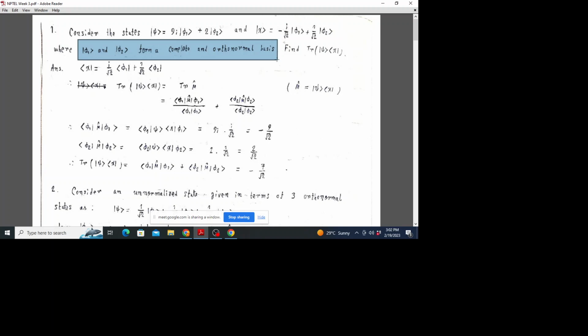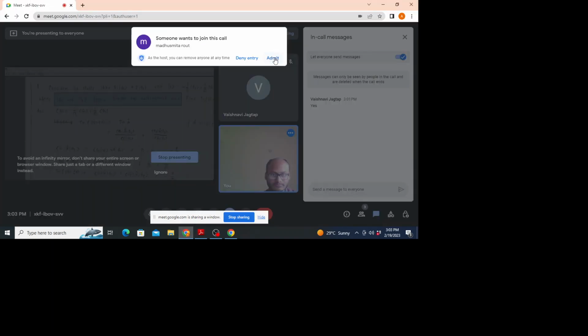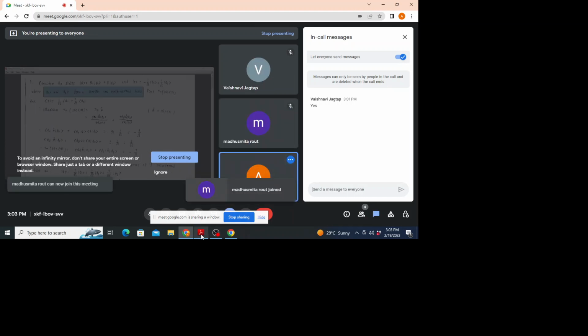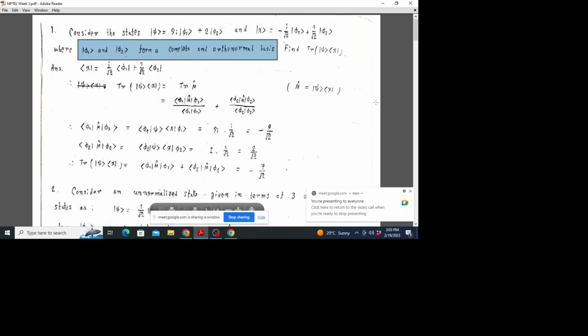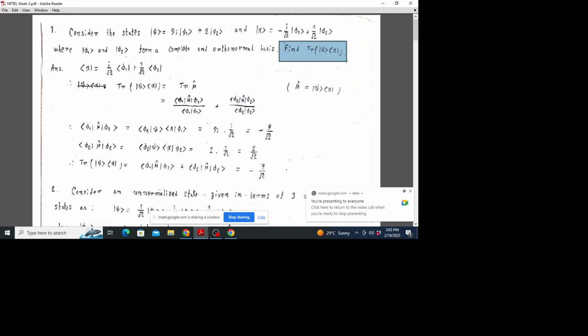So phi1 and phi2 form a complete orthonormal basis, and we have expressed the two states psi and chi as their linear combinations. We have to find the trace of this outer product.